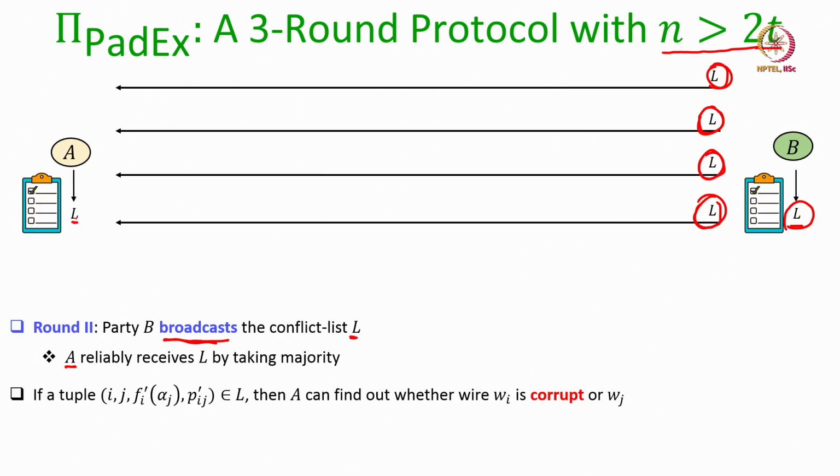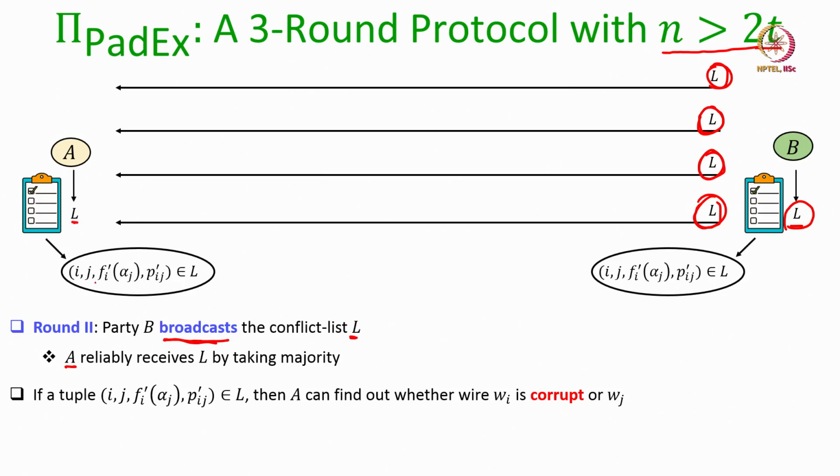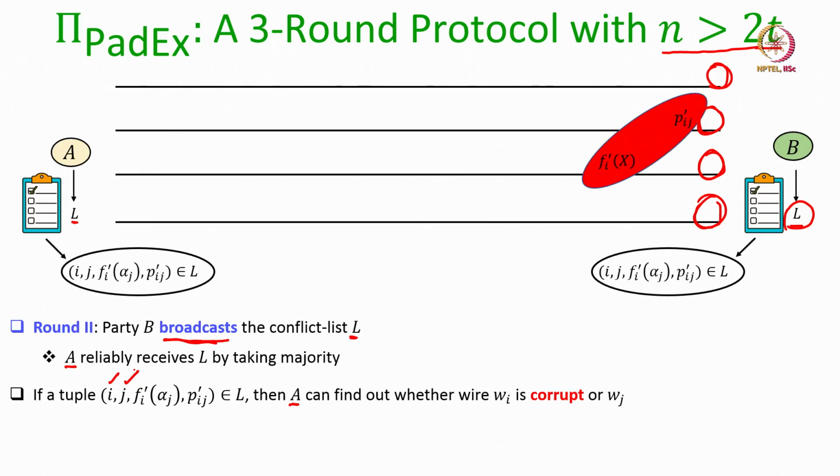And now, for each conflicting tuple present in this conflict list L, A can find out whether the wire W_i is corrupt or whether the wire W_j is corrupt. From the viewpoint of party B, there was a conflict between the ith polynomial and its value which has been delivered over the jth wire.